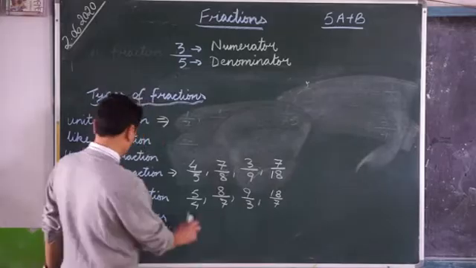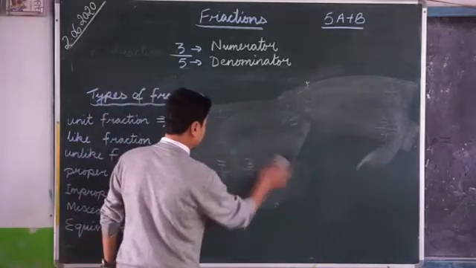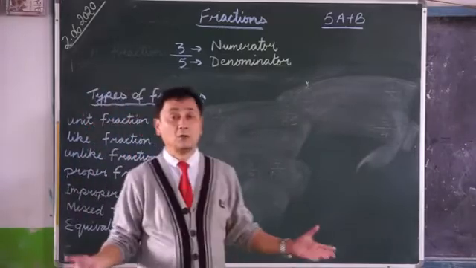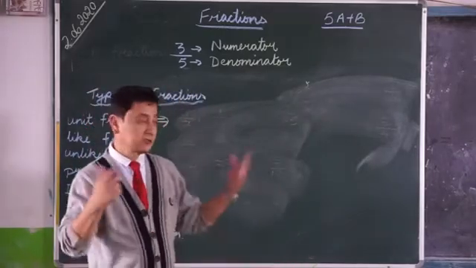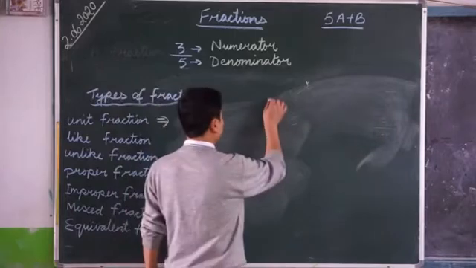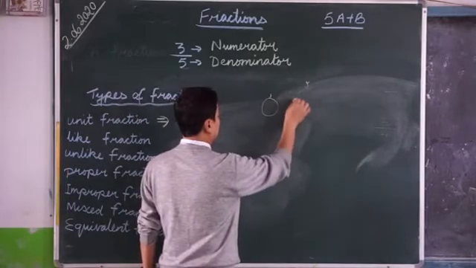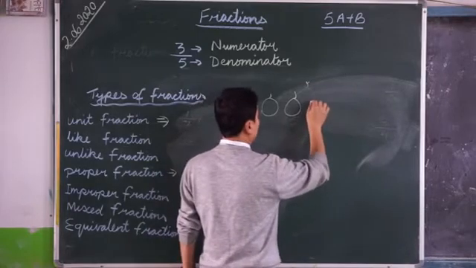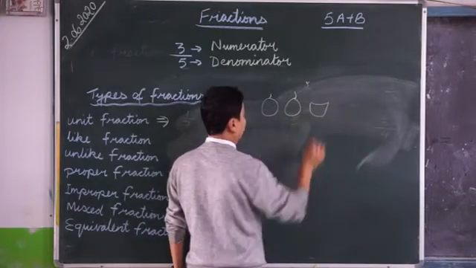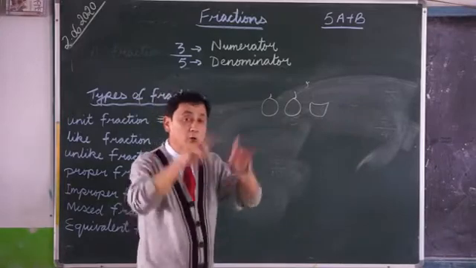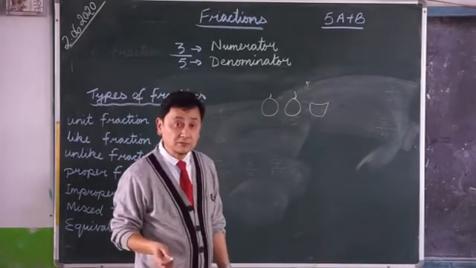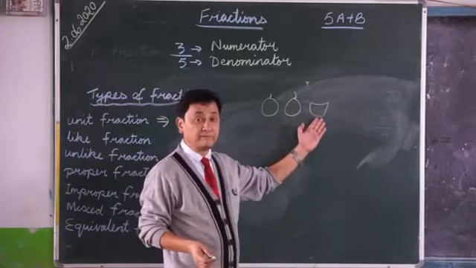Now let's move on to mixed fraction. Now a mixed fraction has a whole number and a fraction. For example, let's go again. Apple, apple, and you have half apple. How many whole apples are there? You cannot say 3, can you? No, because you have eaten half.